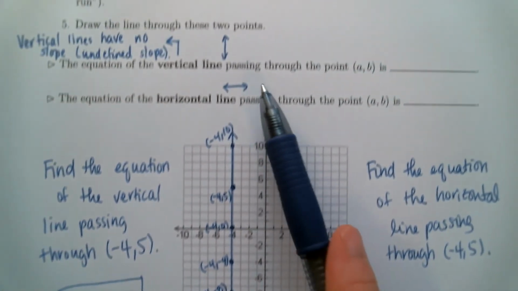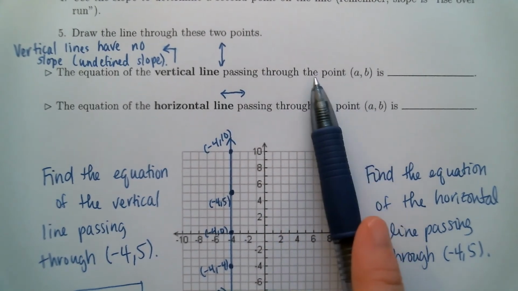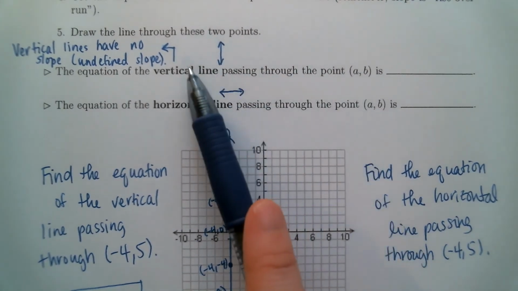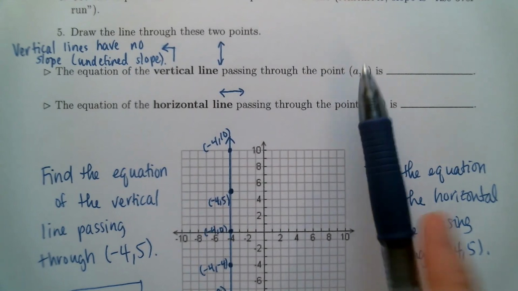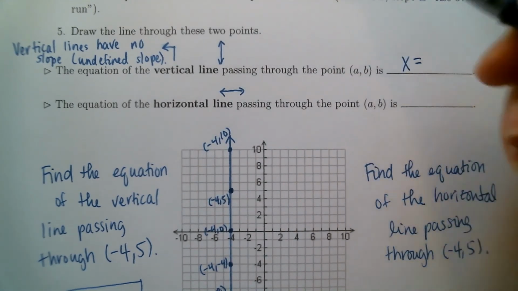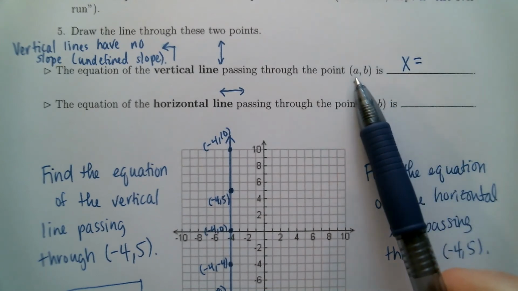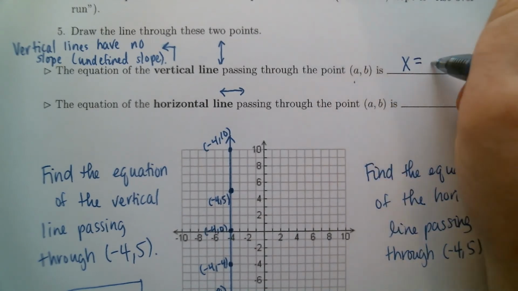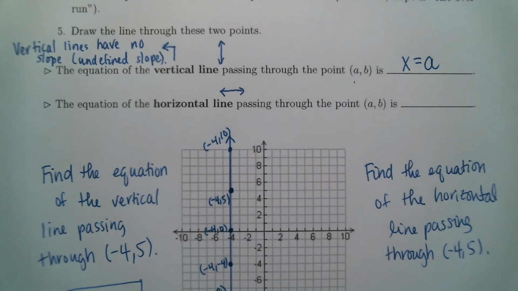So if I go back to write my rule for the generic point, the equation of the vertical line passing through this generic point AB is going to be x equals A.